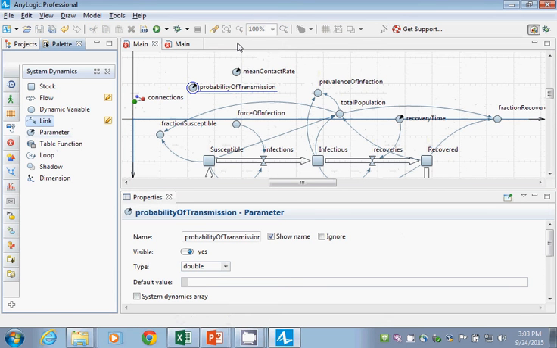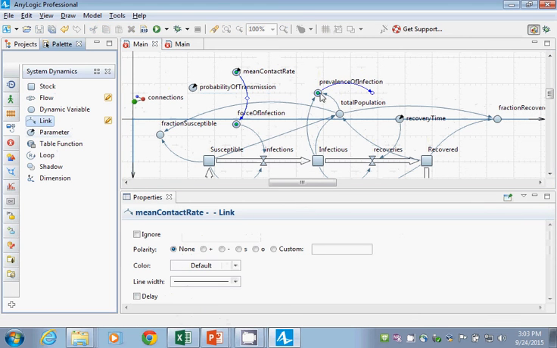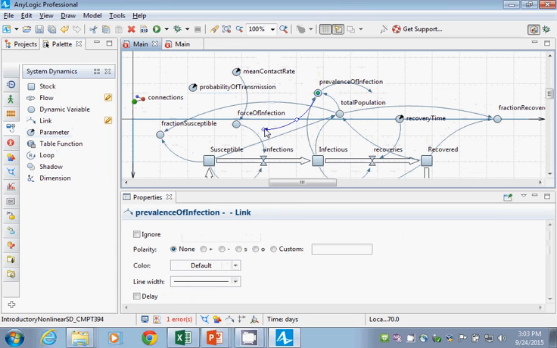So we need to hitch it up with these links as I'm drawing it. We need a link from contact rate, we need a link from prevalence of infection, and we need a link from probability of transmission.